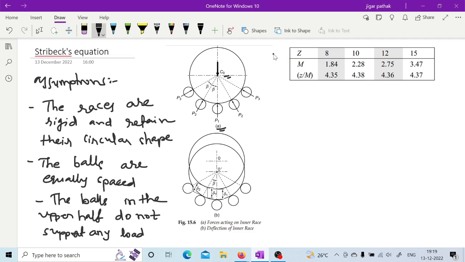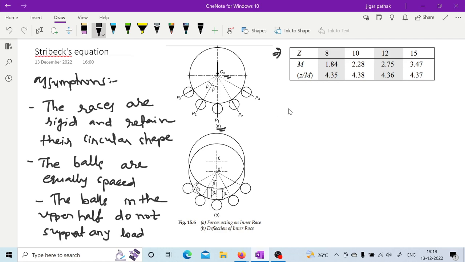We will also see what this table suggests, right. We will discuss it, but before going to the table, first let us see what the forces acting are. C naught is the static load applied. Because of that, the reactions from the balls are shown as P1, P2, P3 similarly.